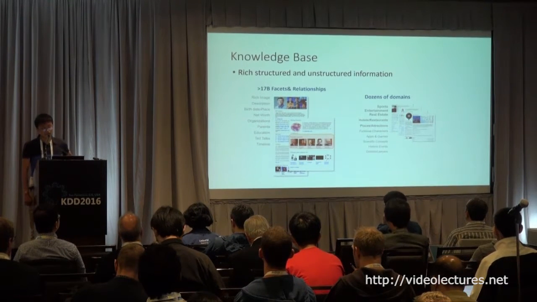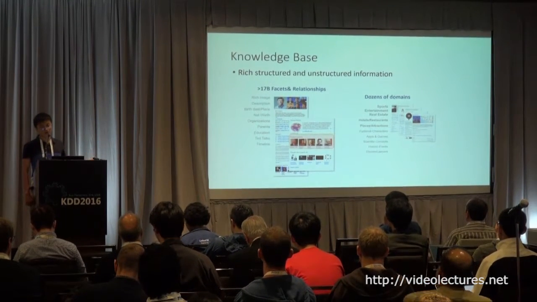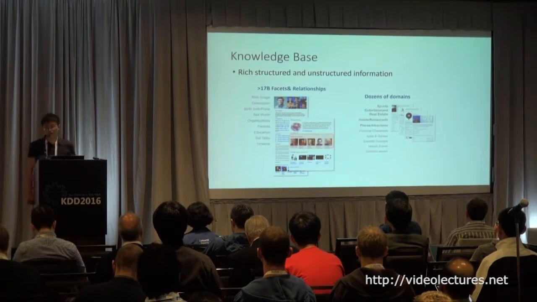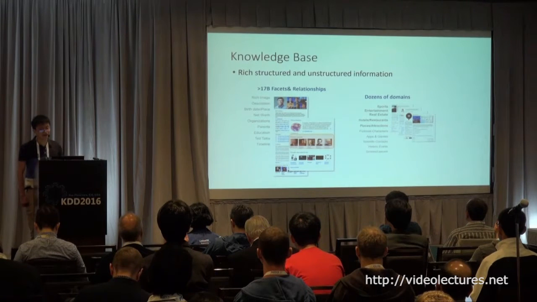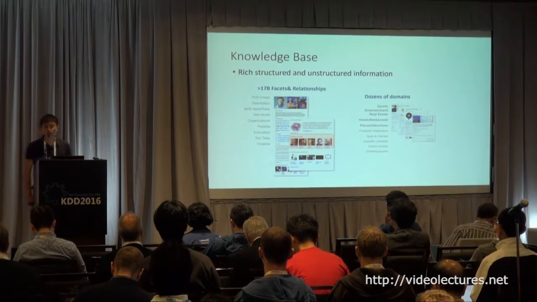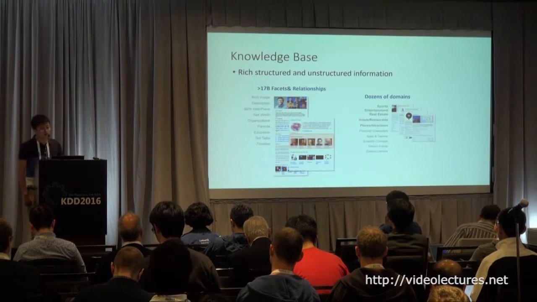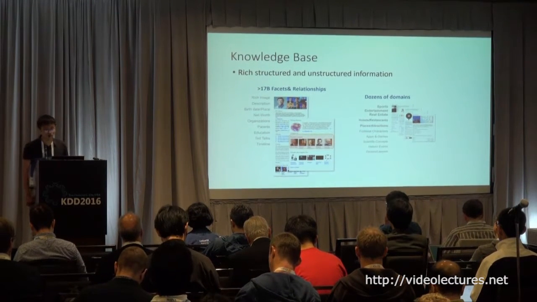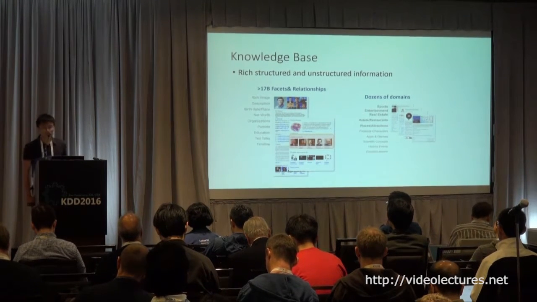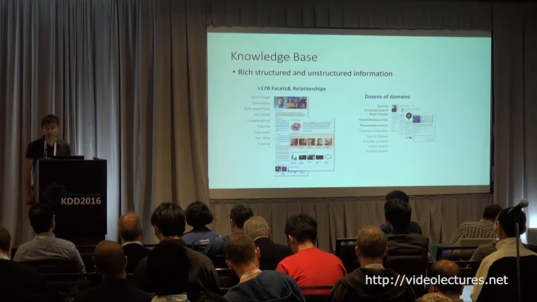Actually, except for raw features or only text, we need a more semantic representation of items. In recent years, as we know, there is more and more information on the web. So knowledge bases are built to represent the heterogeneous information on the web. Take Microsoft Satori knowledge base, for example.